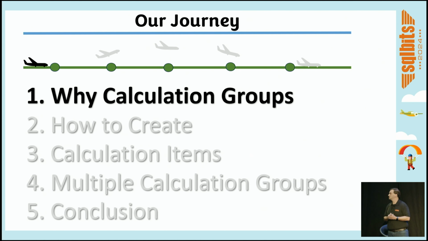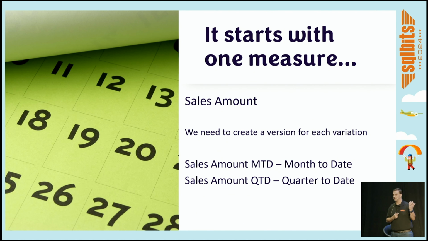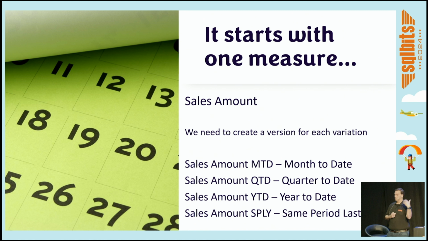Well, it starts with one measure, sales amount. But then you get asked to create a variation for each. Sales amount month to date, sales amount quarter to date, sales amount year to date. You kind of see where this is going. What about same period last year?